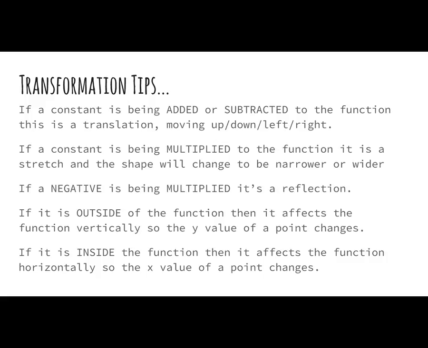We know that if it is a negative being multiplied, it's going to be a reflection. If whatever is happening is outside of the function, then it affects the function vertically, so the y value of a point changes. We were just talking about that as we went over the daily challenge.